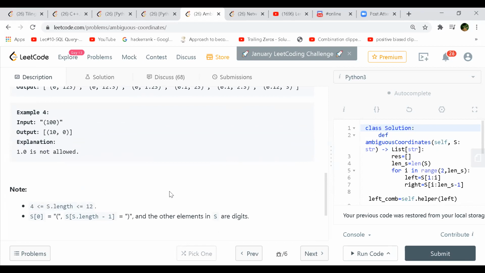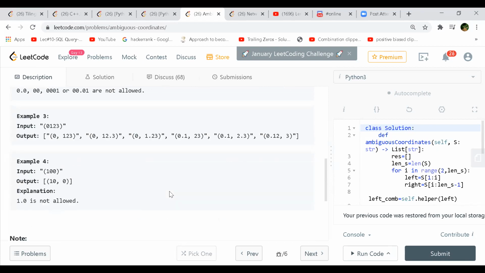Actually, in this, the thing is, if we have a 0, that is the most critical thing, right? So if you have a 0 initially, like in example 3, at the very beginning, you can still make 0 and 1 2 3 as the first split, but you cannot make 0 1 and 2 3, right?